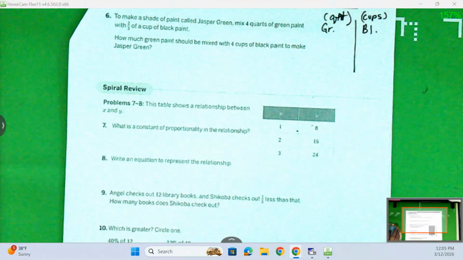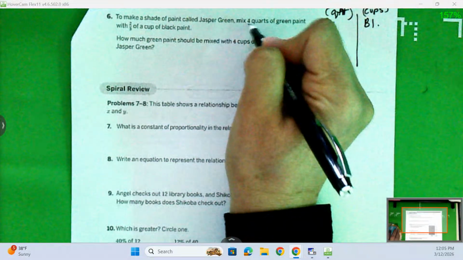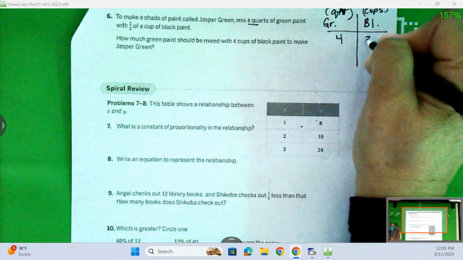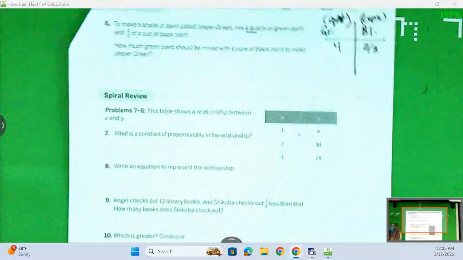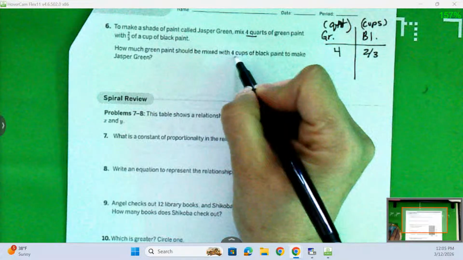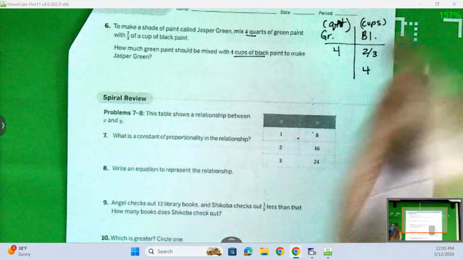And what I'm given is the 4 quarts of green for every 2/3 cups of black paint. With that proportion, keeping the same color of Jasper Green, they are telling us that we're using 4 cups of black paint. And how much green do we need?